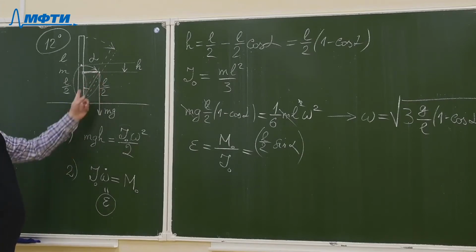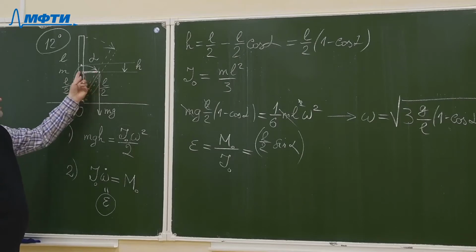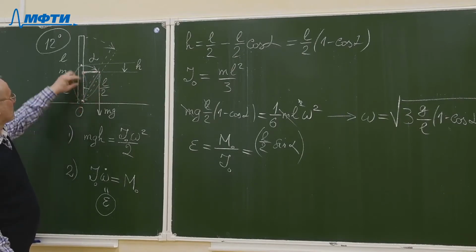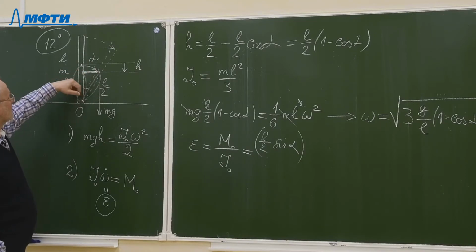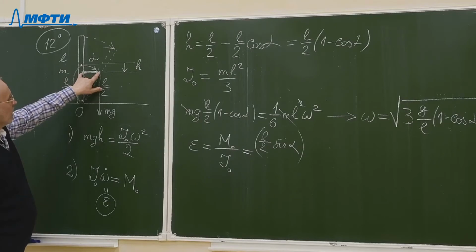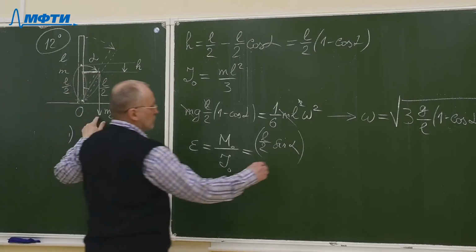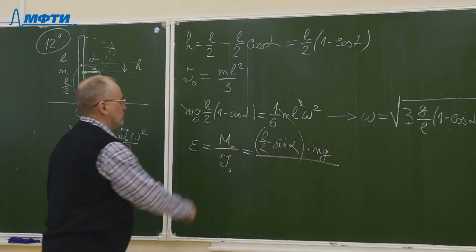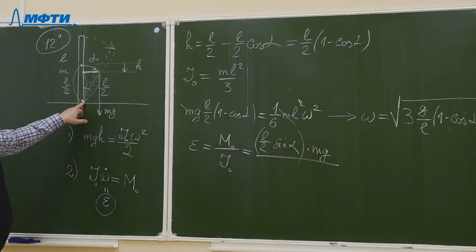L over 2 is the hypotenuse, and in this right triangle, multiplied by sine alpha will give us the opposite leg, so that this will be the arm of the force, and the force is mg. The force times the arm of the force will give you the torque with respect to this axis.